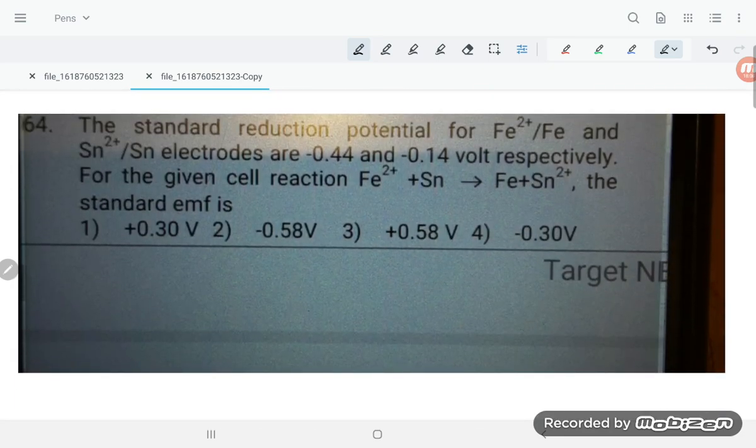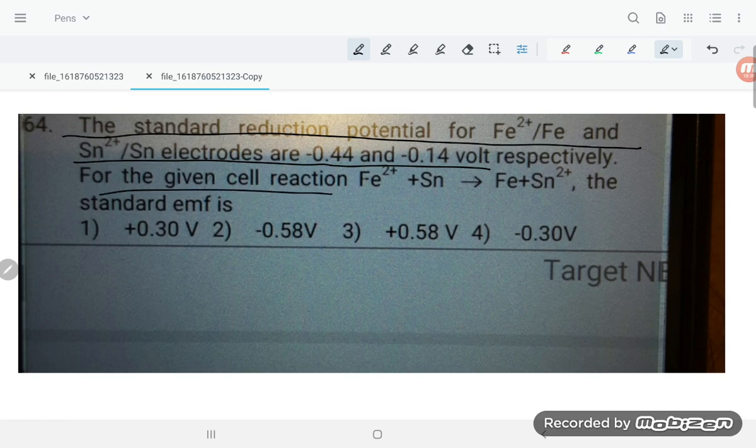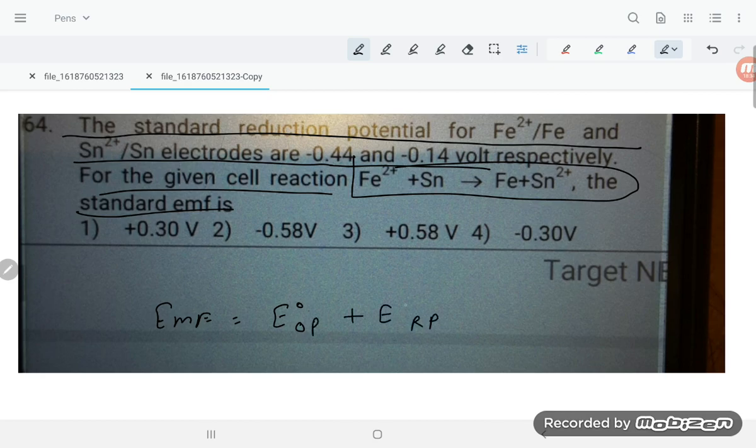The standard reduction potentials for Fe²⁺ and Zn²⁺ are given. They are asking for the standard EMF for the given cell. The EMF is E° oxidation potential plus E° reduction potential.